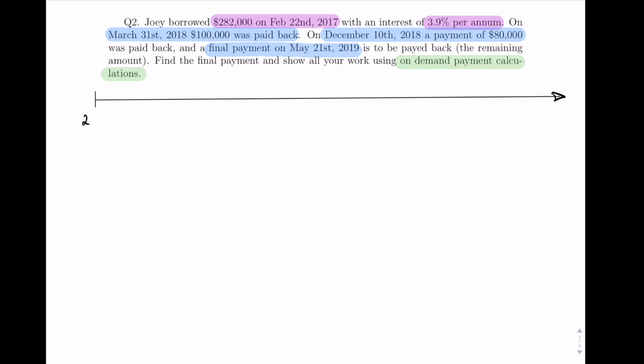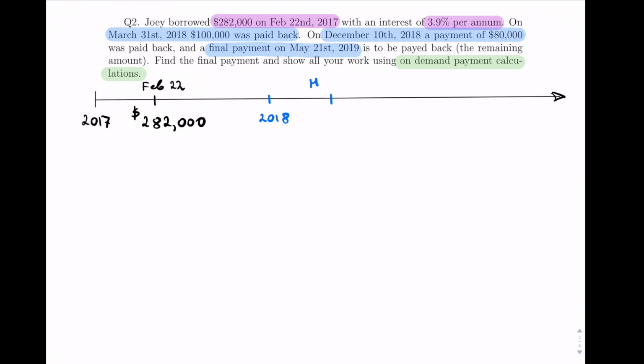So we have 2017, that was February 22nd. And that's 282,000. Okay, so that's the loan. Now in 2018, so over a year later, 100,000 was paid back on March 31st.